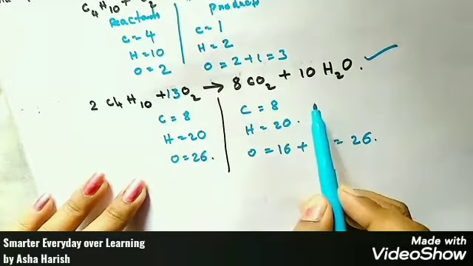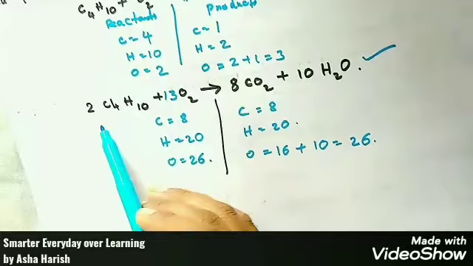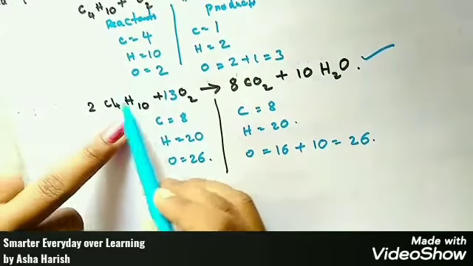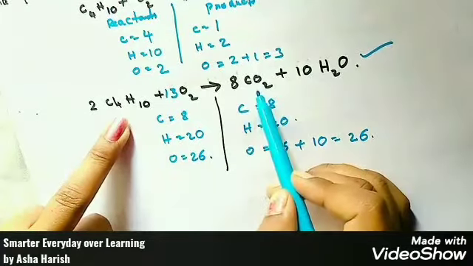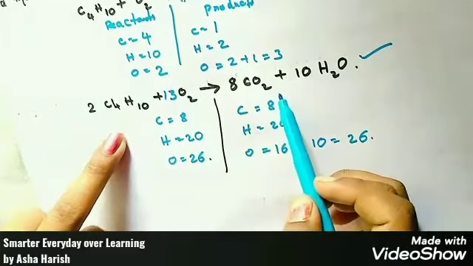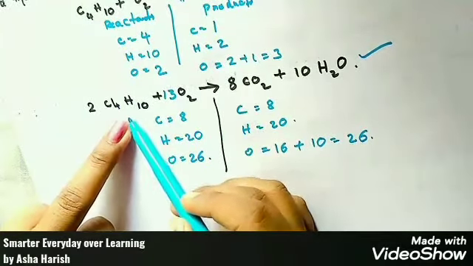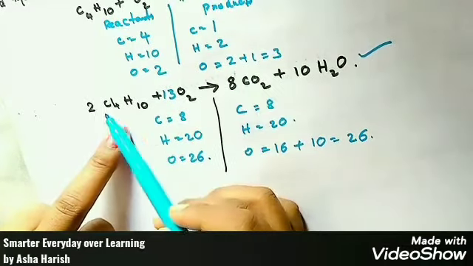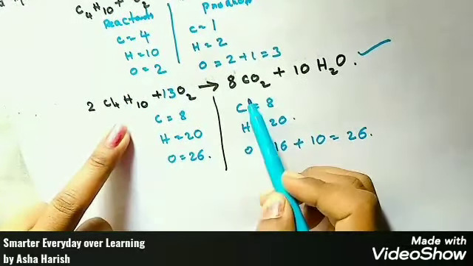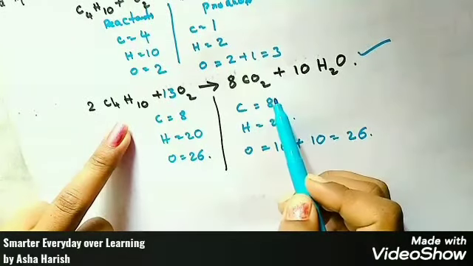So students, by seeing this chemical equation, you have to say 2 moles of butane gives 8 moles of CO2. Clear, students? And 1 mole of butane gives 4 moles of CO2. Why? Because 2 moles of butane gives 8 moles of CO2, then you have to halve it by 2.